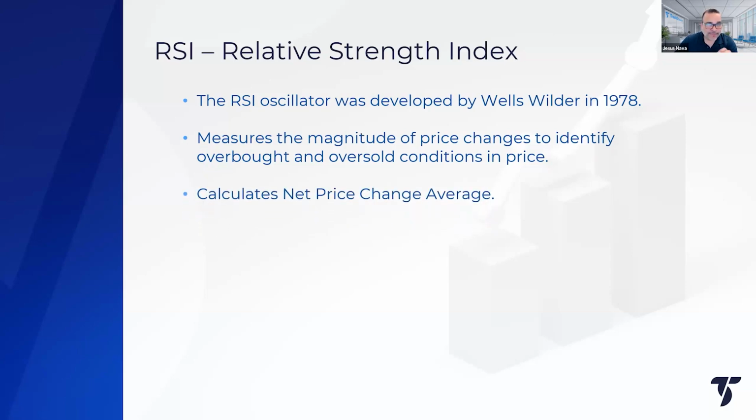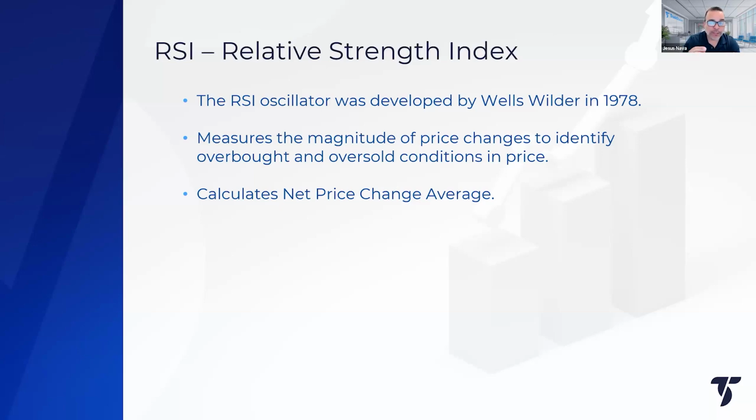The way that it does that, and this is just a little bit about the math, if you're interested in the specifics on the formula, I also recommend that you open up the EasyLanguage code, because that's where you're going to find the details on how these indicators are calculated. This calculates the net change average, how much the price changes up or down, and then it creates an average.